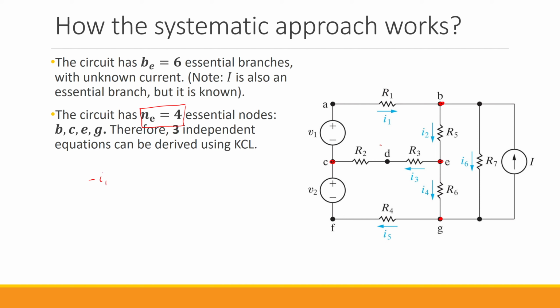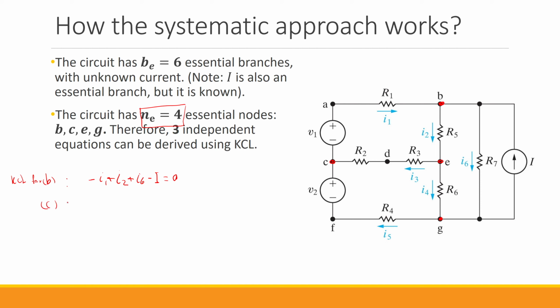We have I2 leaving the node, so I use a positive sign for that, I2. We have I6 leaving the node, so we have I6. And finally we have I entering the node, so we have negative I equals 0. So this one is KCL for node B.